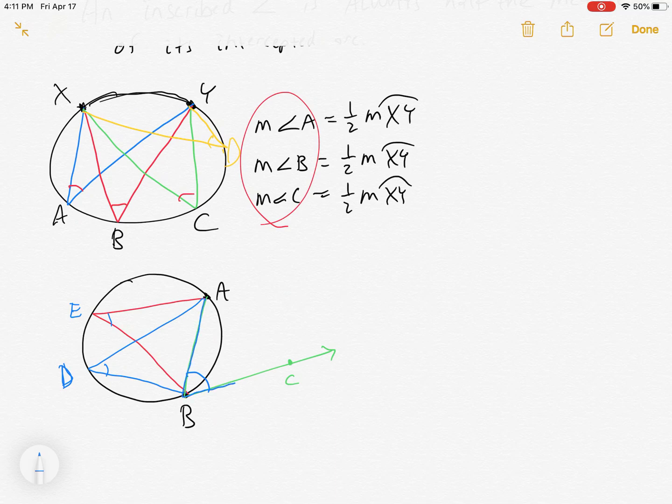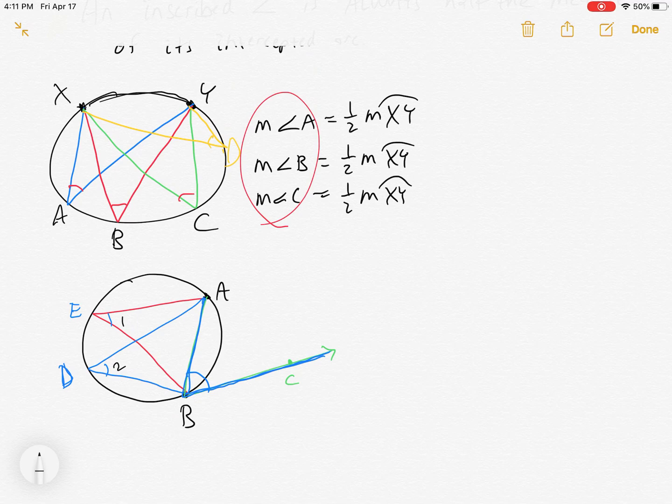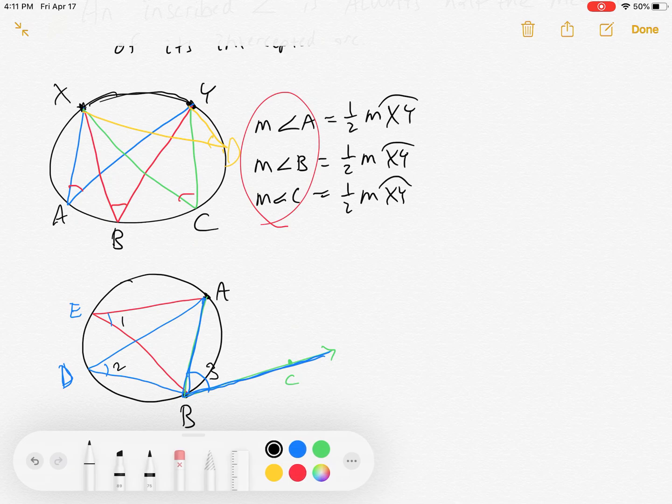Because what arc does the angle ABC open up to? It's opening up to the same arc as the other. I mean, what else is it open to? All three of those angles, angle 1, angle 2, angle 3, they all open to the same arc, therefore they're all congruent.